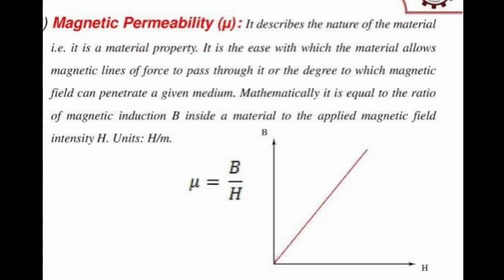Next term is magnetic permeability. It is denoted by the symbol mu. It represents the nature of a material, describing the extent to which the magnetic field lines can enter a substance, or we can say up to which degree a magnetic field can penetrate a given substance. Mathematically, it is equal to the ratio of the magnetic field inside a material to the applied magnetic field intensity.